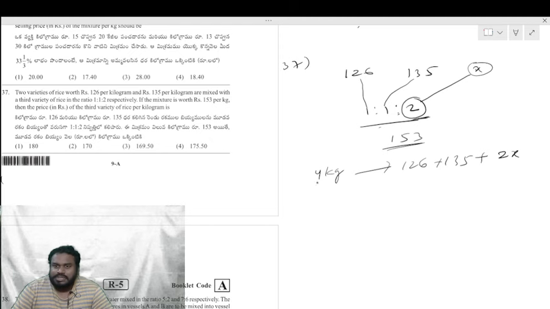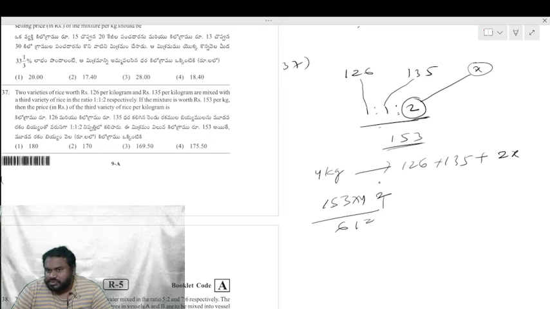But how much is the cost of the mixture? 153. So 153 into 4 is the total cost. Well, 4 times 153, 612, is the total cost.